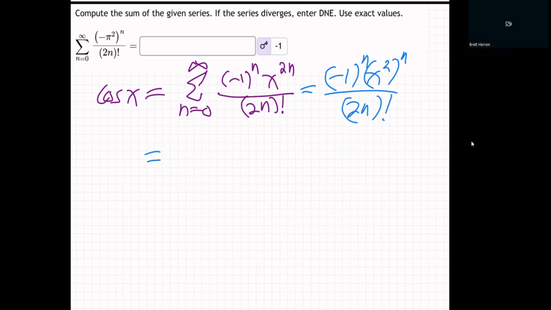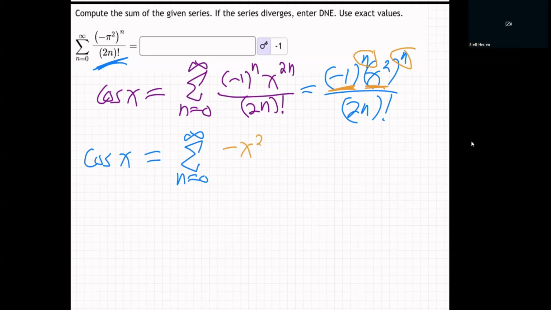So again, the cosine of x is the sum. I'm cleaning up, trying to get it to look just like that. So now I have this and this both to the n power, so I can put them together.